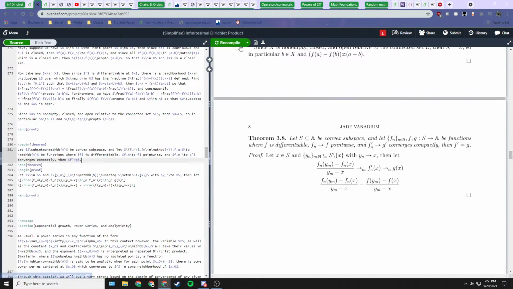So we know that this whole term is tending, with m, to f_n prime, and this converges compactly to g. What we want to do is take this difference here and show that it is particularly small in some sense.